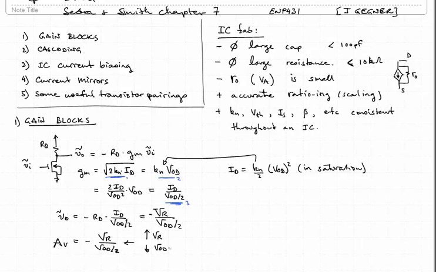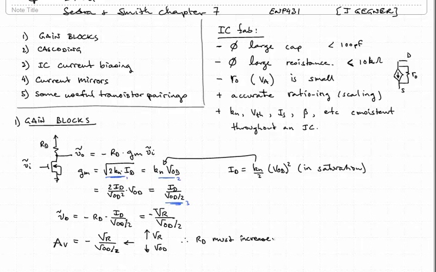Now, if we decrease the overdrive voltage, we're actually decreasing the drain current. And if we decrease the drain current while either holding VR constant or, even more challenging, trying to have VR increase, then what that means is that RD here must increase.